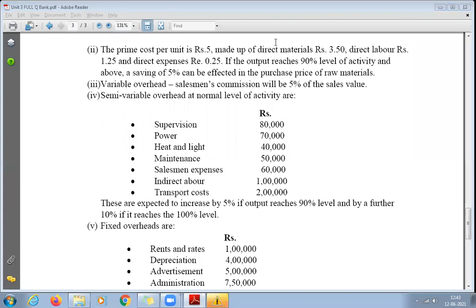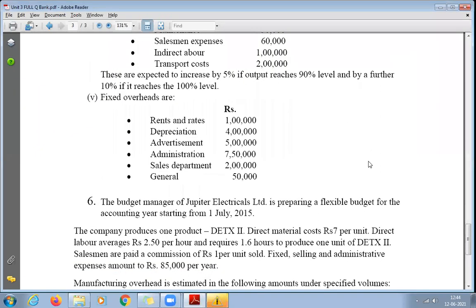These are expected to increase by 5% if output reaches 90% level, and by a further 10% if it reaches the 100% level. Fifth one, fixed overheads are rent and rates 1 lakh, depreciation 4 lakh, advertisement 5 lakh, administration 7 lakh 50,000, sales department 2 lakh, and general 50,000.